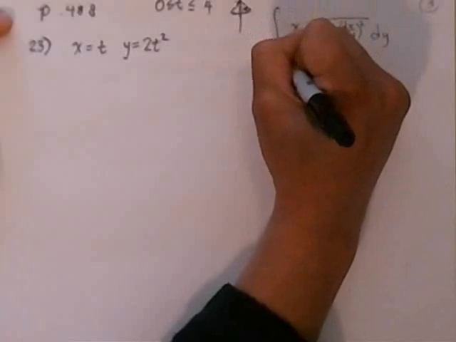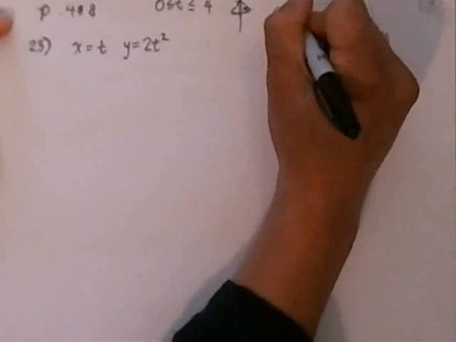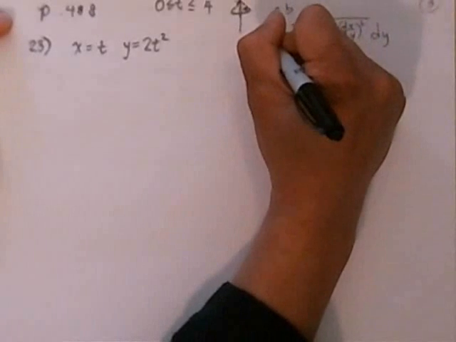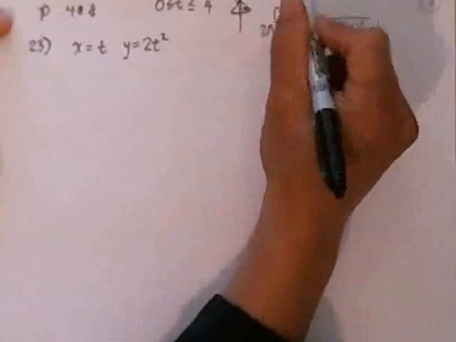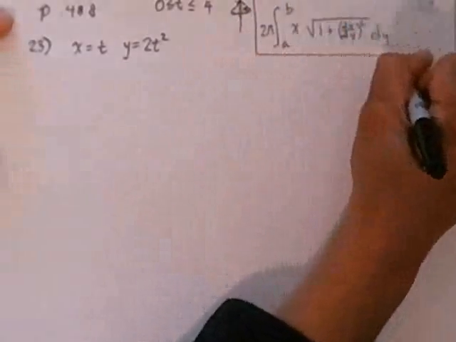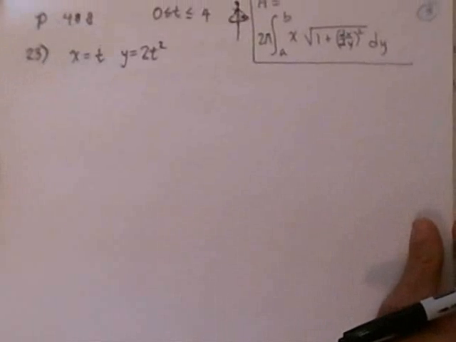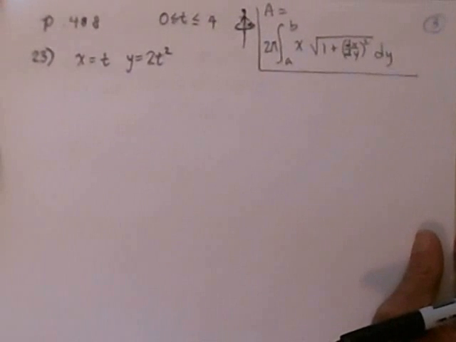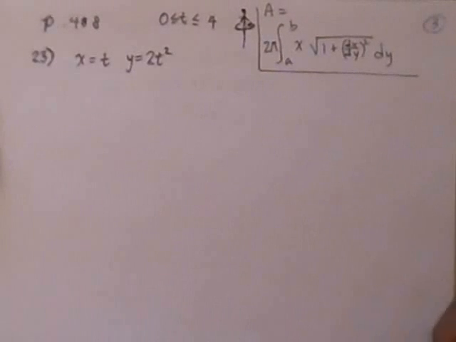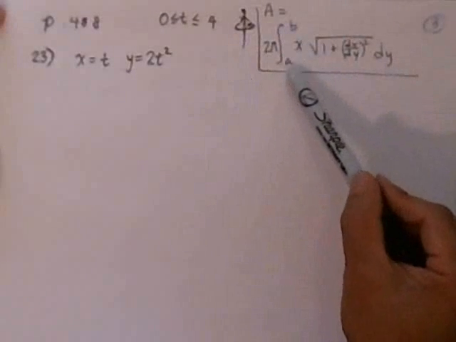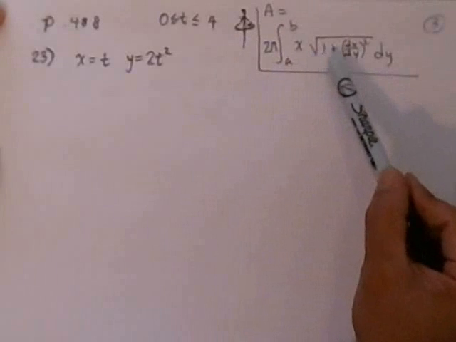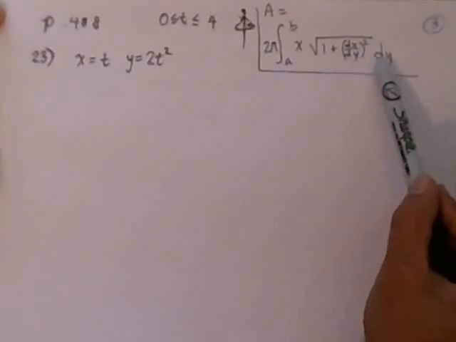I'm going to integrate it from a to b of 2 pi. And that's going to be your formula for the area. Here we go. So the area is going to be 2 pi integration from a to b of x, square root of 1 plus dx/dy quantity squared.